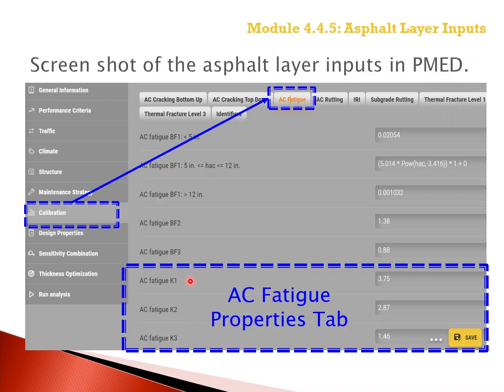That also will be explained in more detail under Module 6 for the bottom-up fatigue cracking transfer function.